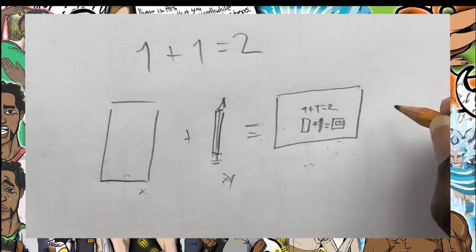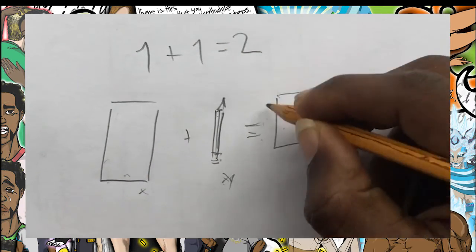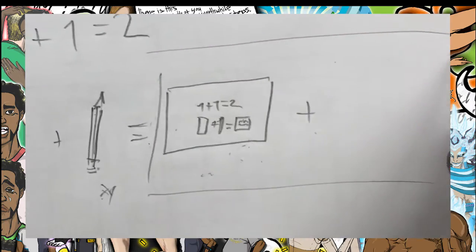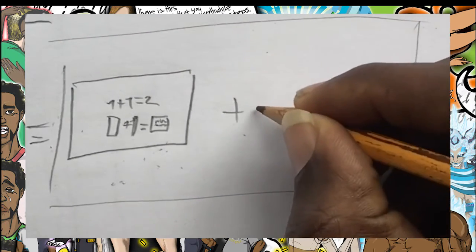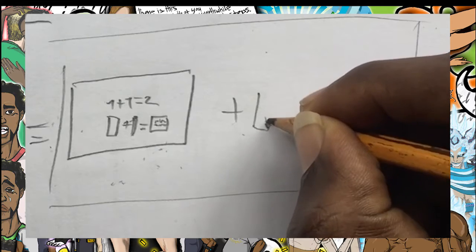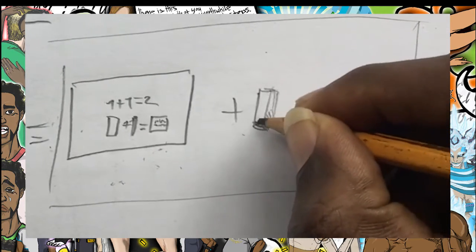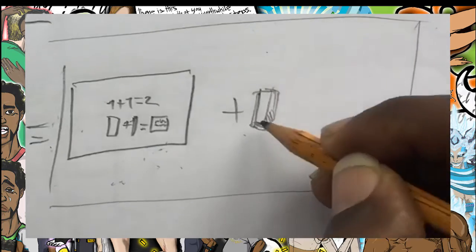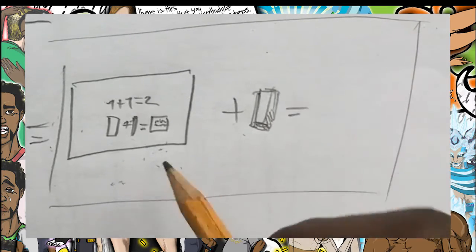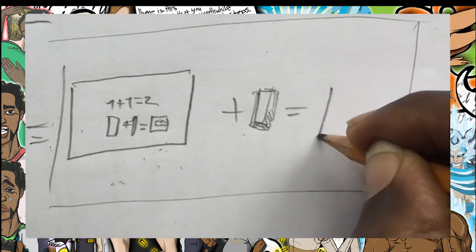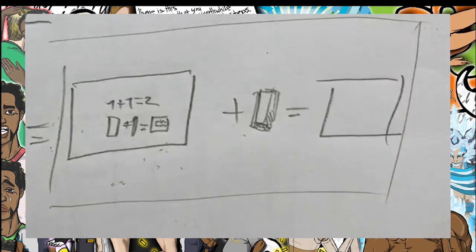Now what happens if you add another piece of stationery, which is an eraser? You add the eraser here. This is kind of just a bunk drawing of the eraser. But you add the eraser to this situation. Now what do you get? You get a blank piece of paper, possibly.